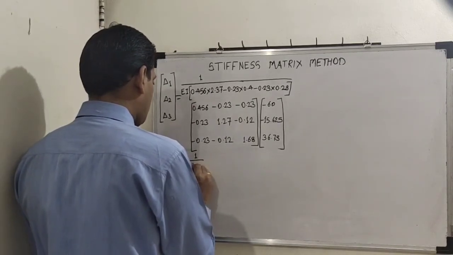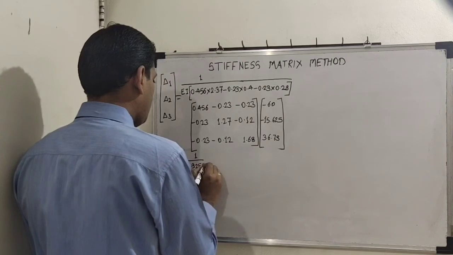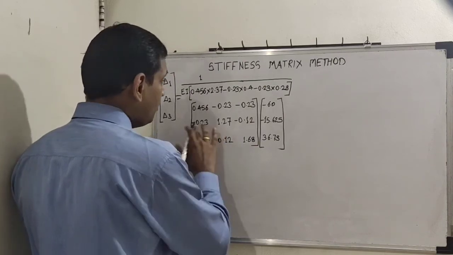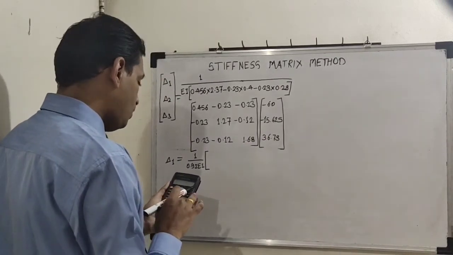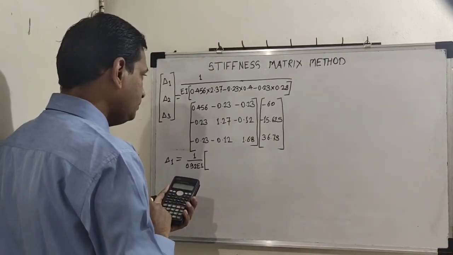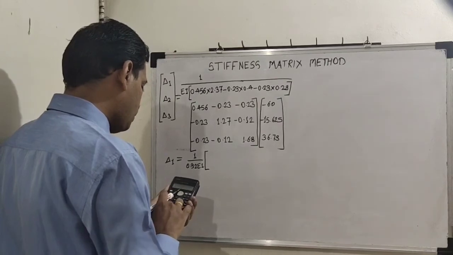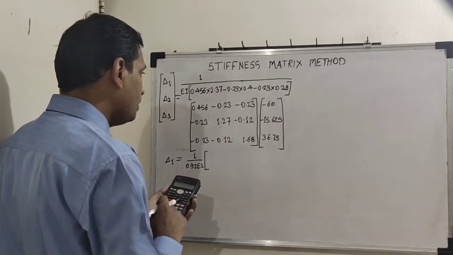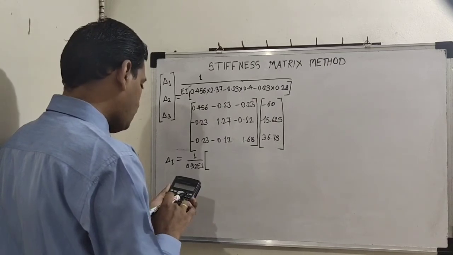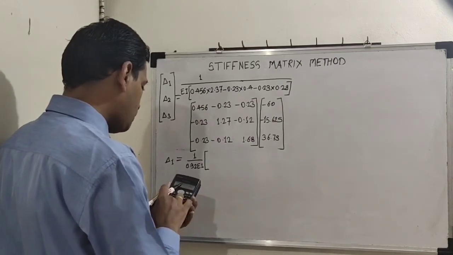Okay, 0.92 EI into multiplication of matrices. 0.456 into minus 60. Okay, minus 0.23 into minus 15.625 minus 0.23 into 36.73.